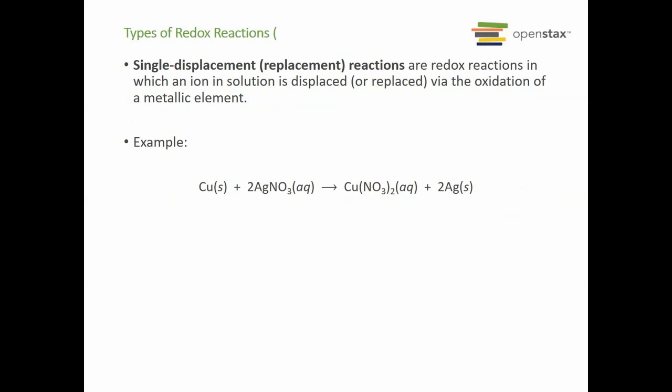Types of redox reactions. Single displacement reactions are redox reactions in which an ion in solution is displaced or replaced via the oxidation of a metallic element. So in this case, copper is oxidized. It goes to copper in the 2+ oxidation state, and silver is reduced, going from silver in the +1 oxidation state to silver in the 0 oxidation state.